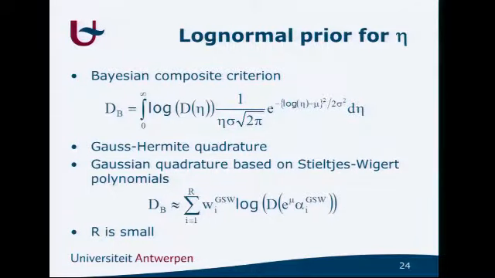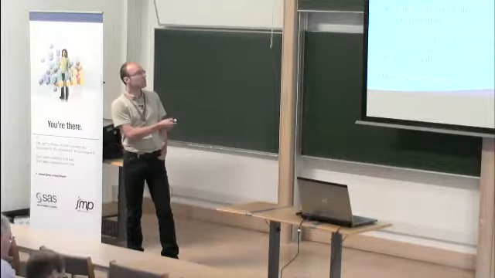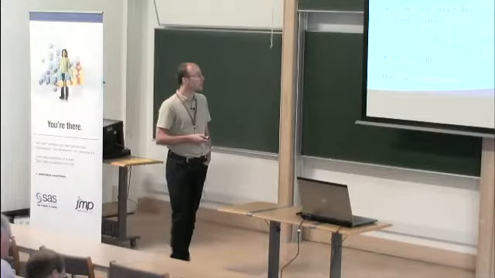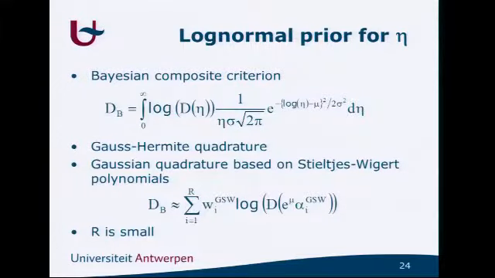For this prior distribution, there are two techniques that you can use. One technique involves Gauss-Hermite quadrature. That's a technique with which you can reduce the number of draws from, say, 1000 to about 8. However, it's slightly better to use another approach than Gauss-Hermite quadrature, and that other approach is called Gauss-Stieltjes-Wigert quadrature.